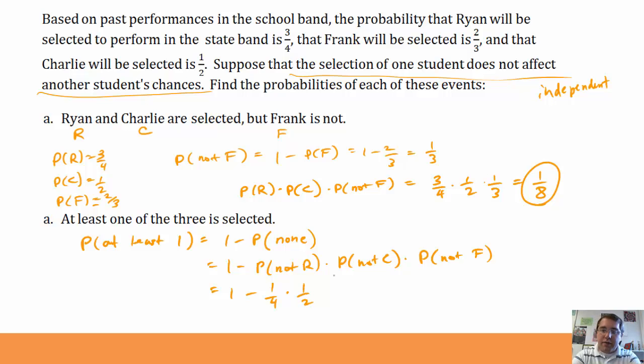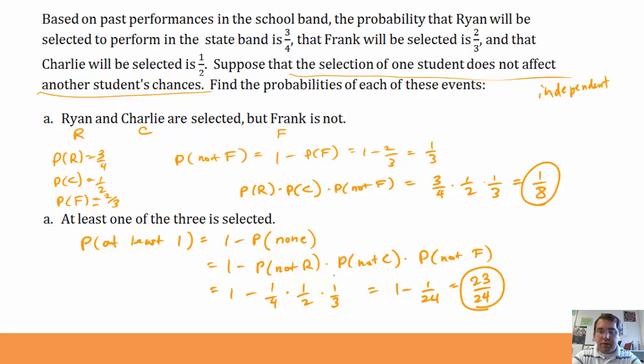Probability of not F is 1 minus the probability of F, so that is 1/3. So we've got 1 minus 1/4 times 1/2 times 1/3. 1/4 times 1/2 times 1/3 is 1/24. So this is 1 minus 1/24, which is 23/24. There's a very high probability that at least one of the three will be selected.